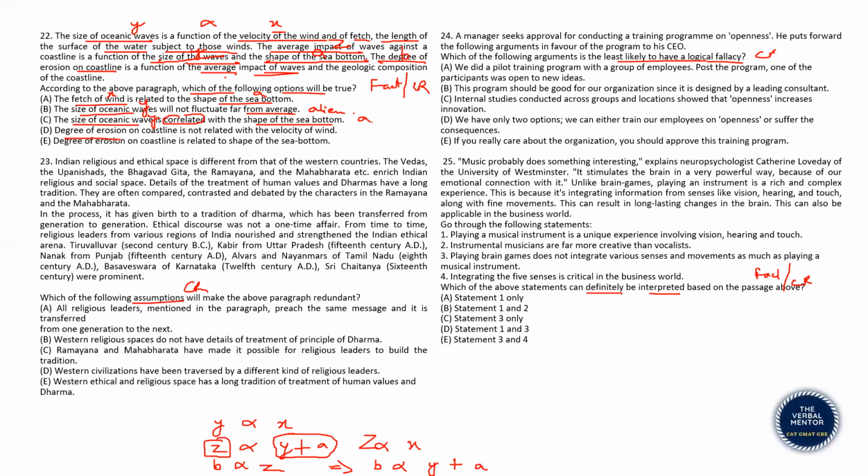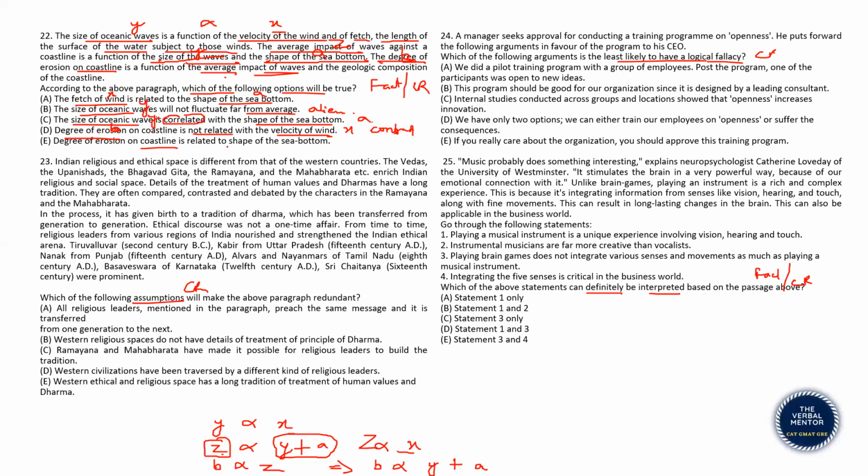Degree of erosion, which was b, is not related with the velocity of the wind. Velocity is x. B is not related to x. Not really. This is rather contradictory. B is related to x because z is also related to x here.